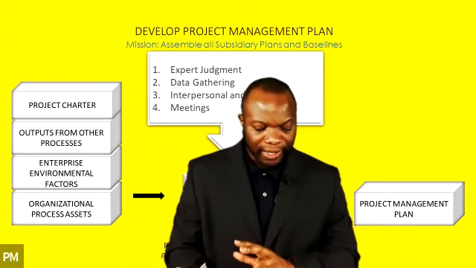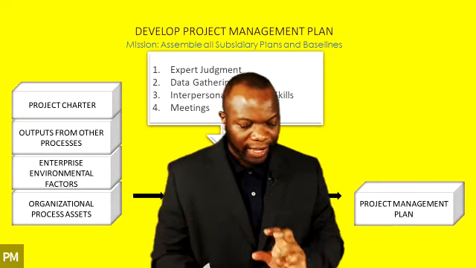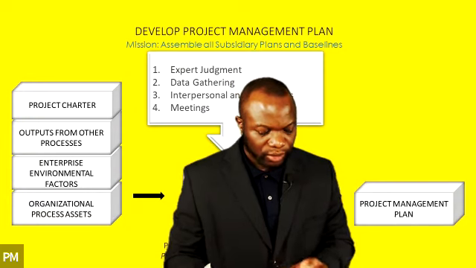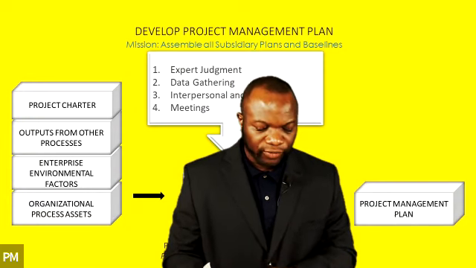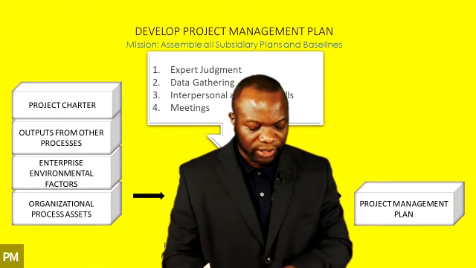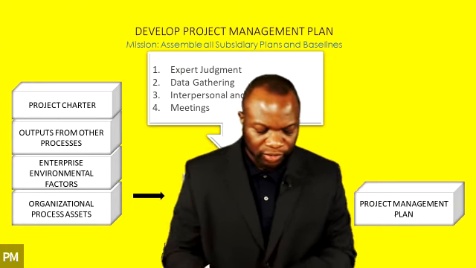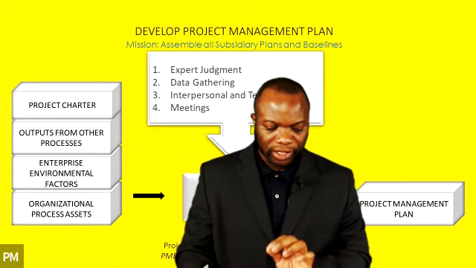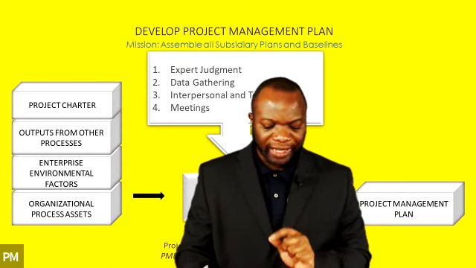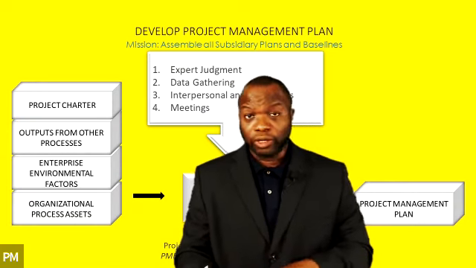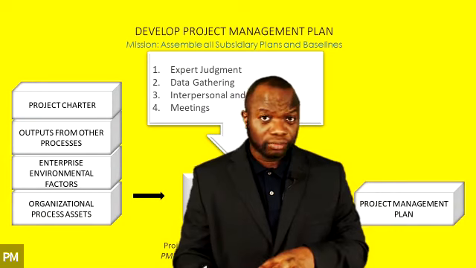Page 39 has the external EEFs: marketplace conditions, social and cultural influences, legal restrictions, commercial databases, academic research, government or industry standards, financial considerations, and physical environmental elements. Those are EEFs external to the organization. You see that? You've got to get those mnemonics down, okay?